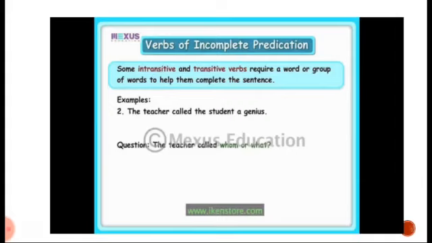The teacher called the student a genius. The teacher is the subject, called is the verb. The teacher called whom? The student. So student is the object. Called what? A genius. Now who is genius? Again the student only. So a genius is a complement to the student. So here called is a verb of incomplete predication.